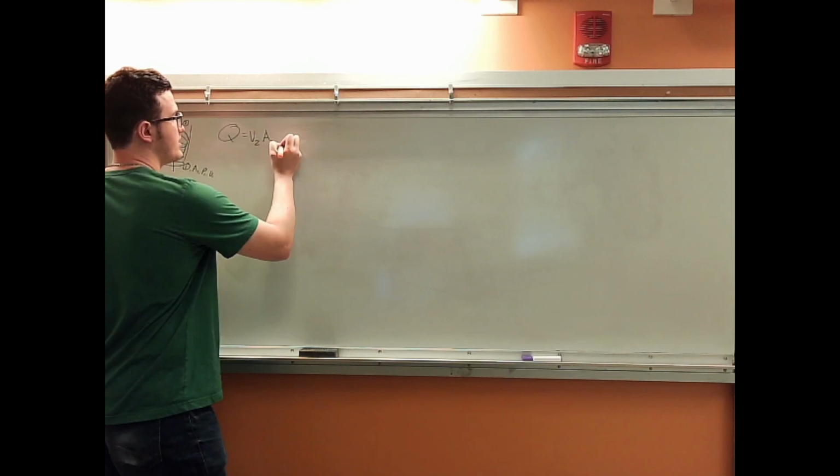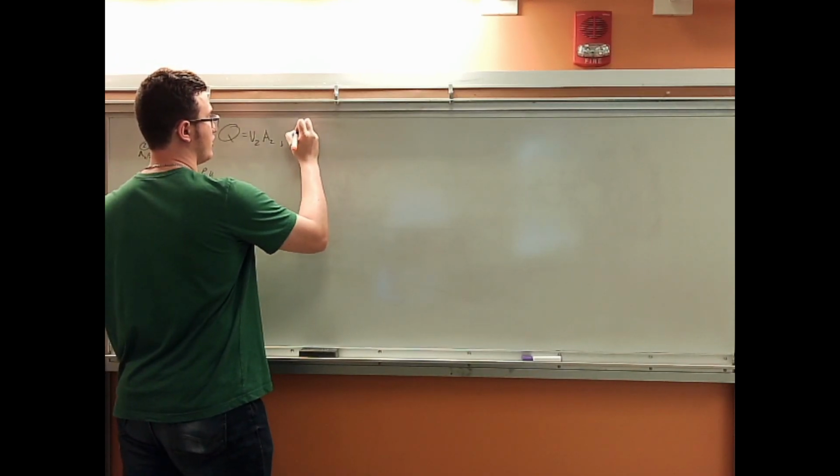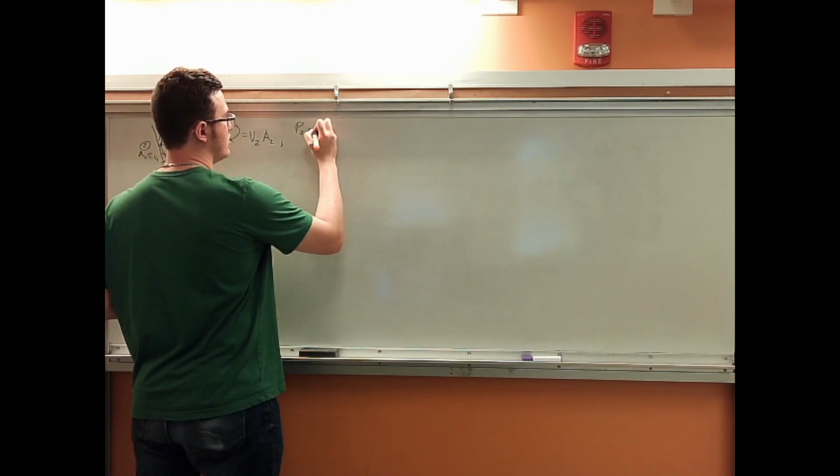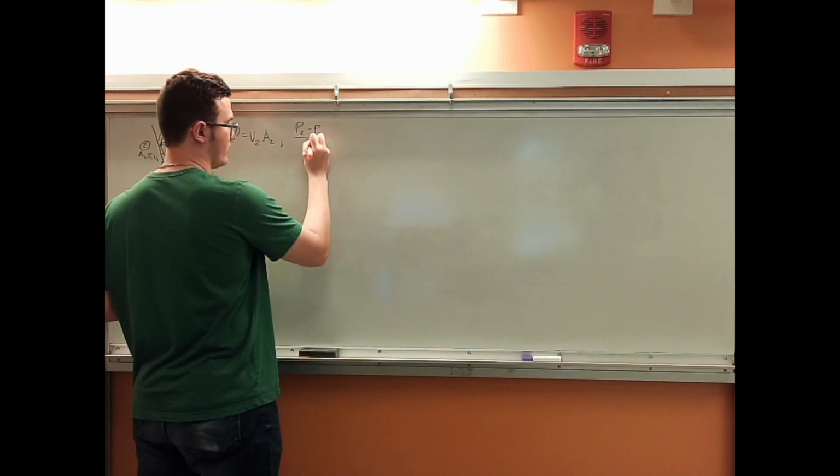We know that Bernoulli's equation, as set up in Part 1, is equal to the pressure at state 2 minus the pressure at state 1 divided by the density of the liquid.